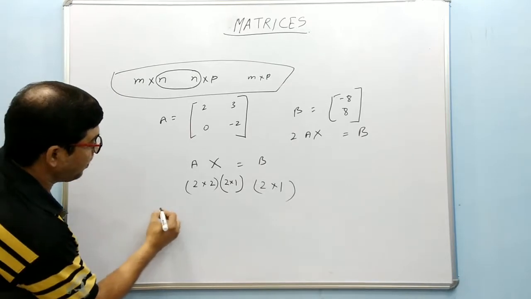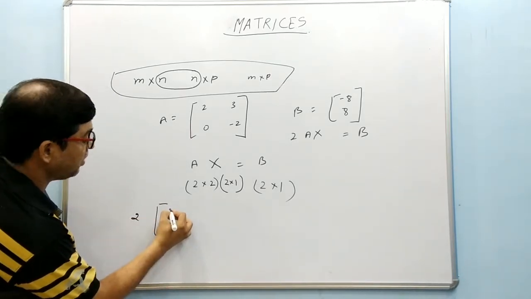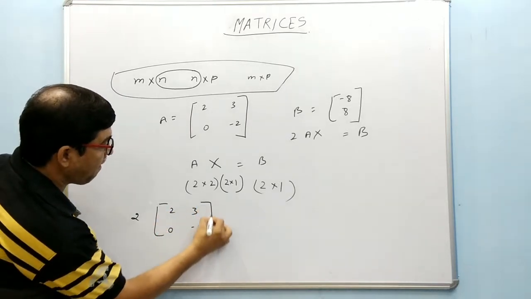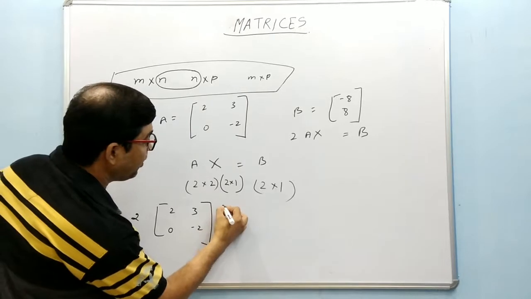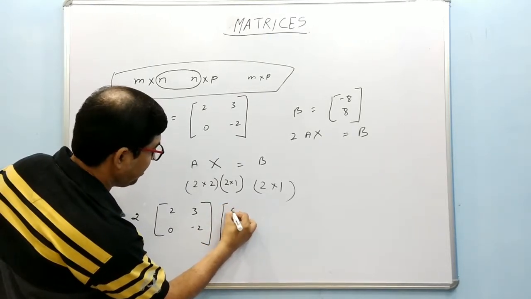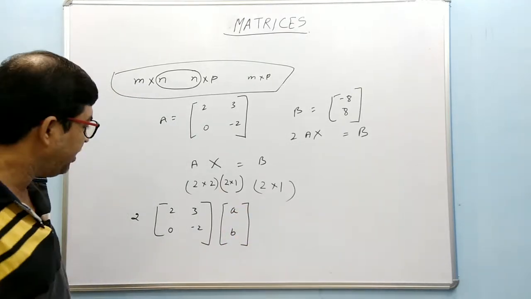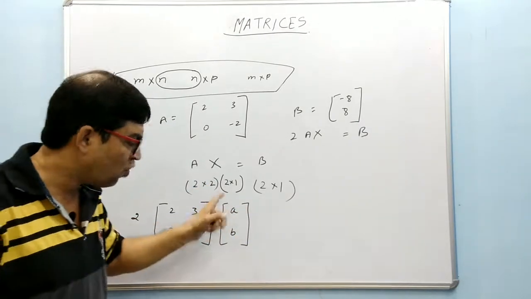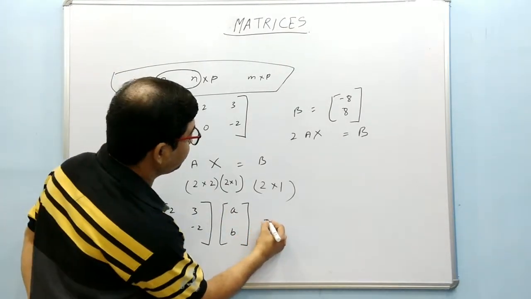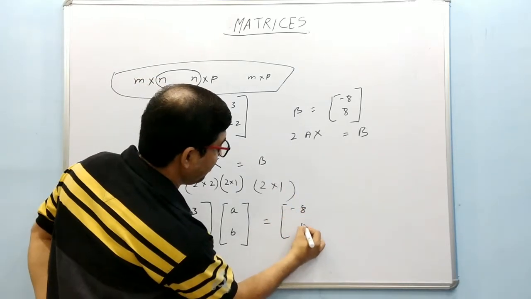Now you proceed. A is 2, 3, 0, minus 2. X we need to find, 2 rows and 1 column. Can I take it as A and B? You can take X, Y, U, V, A, B, anything. 2 rows, 1 column. We need to find A, B, and the result is minus 8, 8.